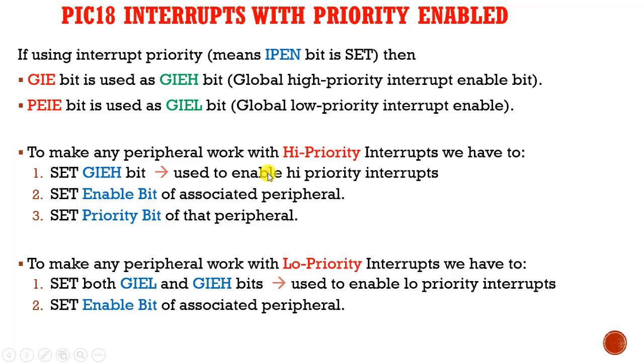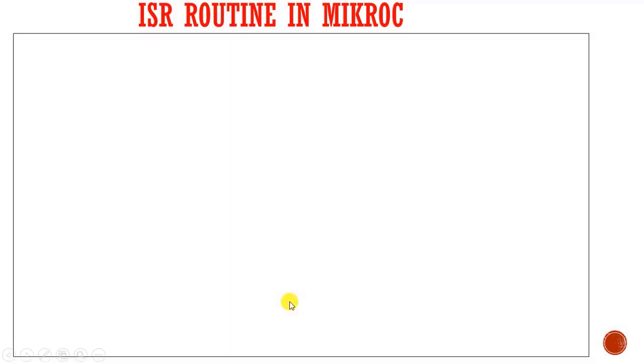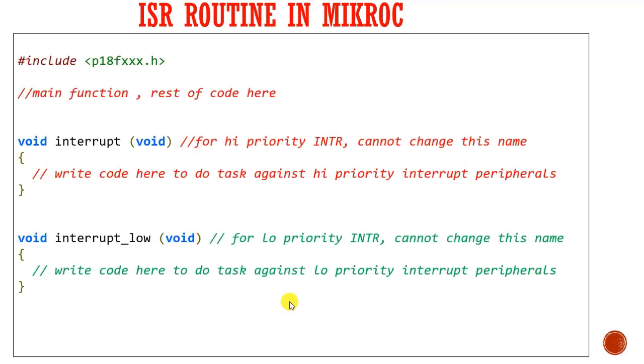Here we will have the priority bit as 1, and here we will have the priority bit as 0. So this is the routine that you'll follow in MikroC. That's the last slide that we are going to discuss in this video, and I'll discuss an example in the next video because this is already getting longer than we had expected.